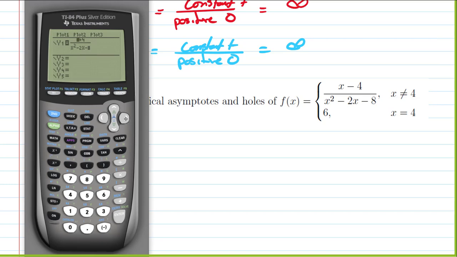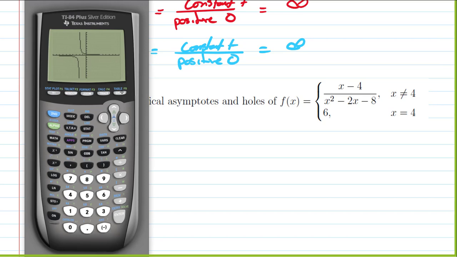Yes, I was like, that is not the right picture. So let's try that again with the right thing in. So I get something that looks like this. How many vertical asymptotes does my graph appear to have? It appears to have only 1.